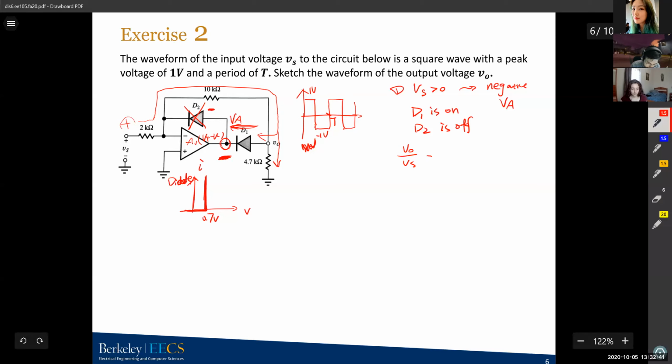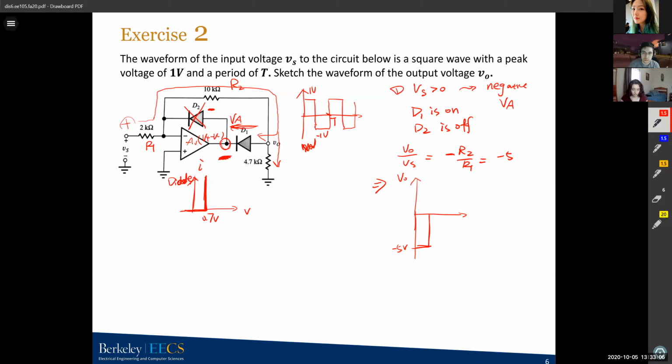V out over Vs will just be negative R2 over R1, which is negative 5. So our V out will be, right now we have 1 volt here, we'll have negative 5 volts here. This is what the output will be if we have a positive Vs.